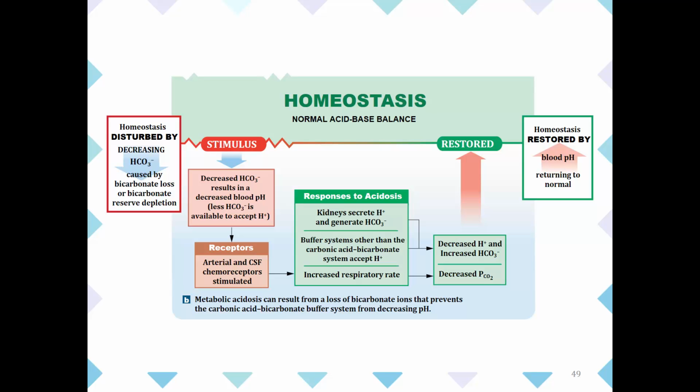There's a couple things that can cause this metabolic acidosis. And so what we're going to try to do is bring blood pH back up to normal. We can do that by increasing respiratory rates. And here the kidneys are going to secrete hydrogen ion to try to bring the level back up to normal homeostasis.